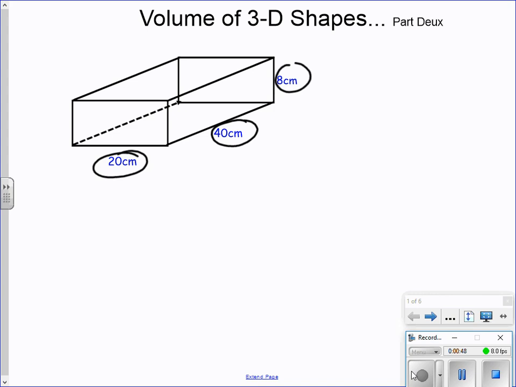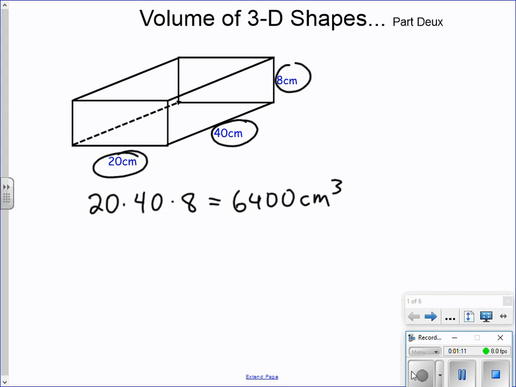So if I take 20 and multiply it by 40, multiply that by 8, you can pretty simply find the volume of each shape. That's, in this case, 6,400 cubic centimeters. Centimeters to the power of 3.